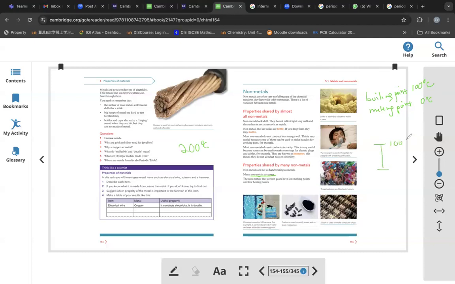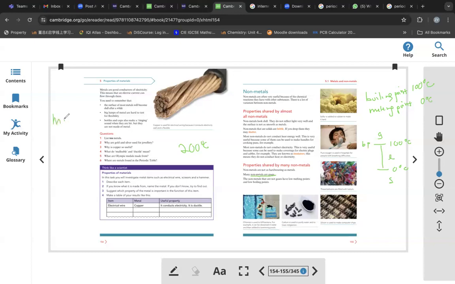Yes, I like to do it this way, you understand? I always get the boiling point and melting point, and then above the boiling point, all are gas, between is liquid, and below is solid. Let me give you one example.